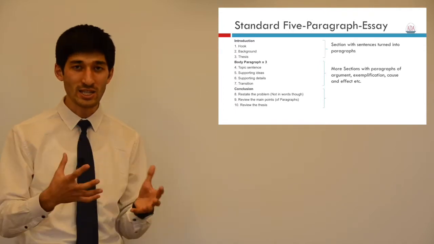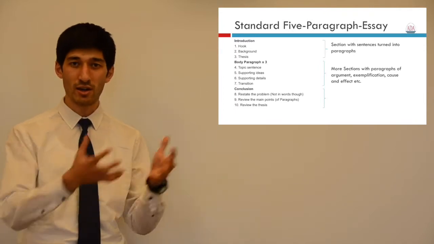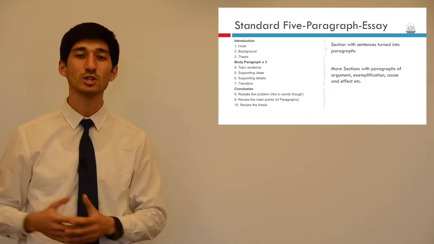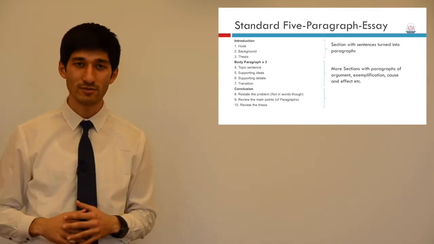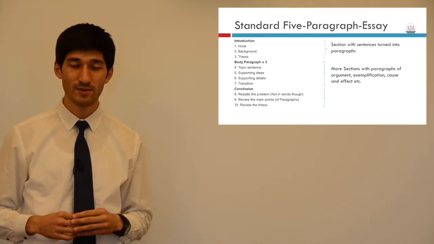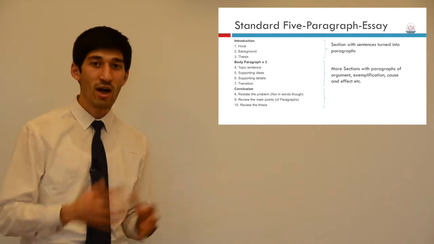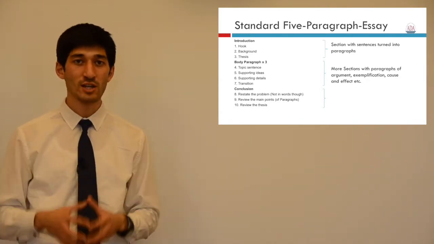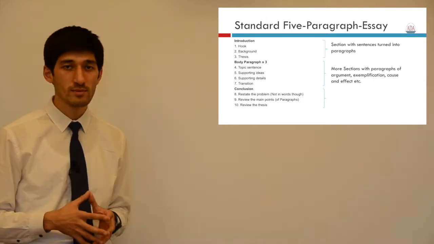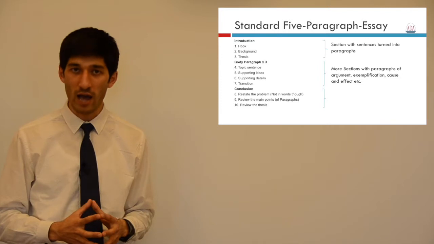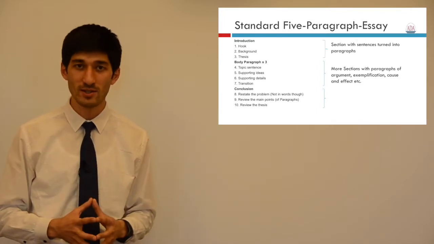And the main ideas of a paragraph in a 5-paragraph essay can be transformed into full paragraphs, 1 idea per paragraph. And then there are the details and examples which will become paragraphs on their own. And this is what forces us to use various paragraph types in our longer essay.